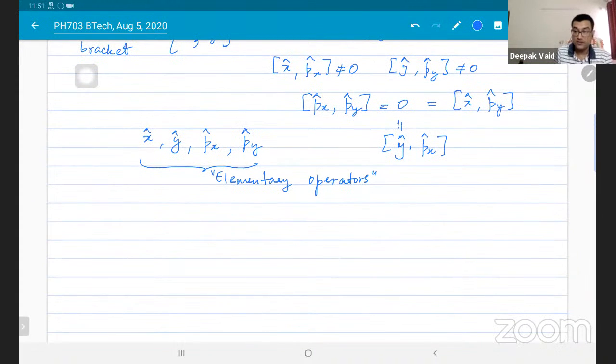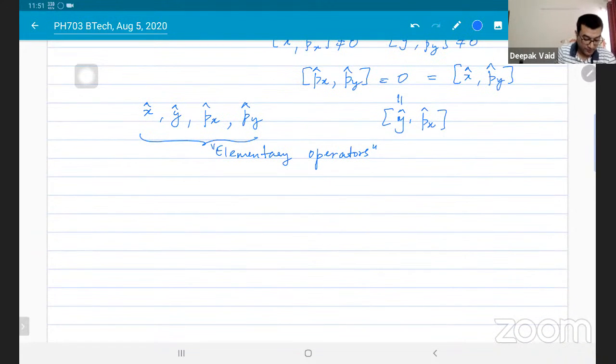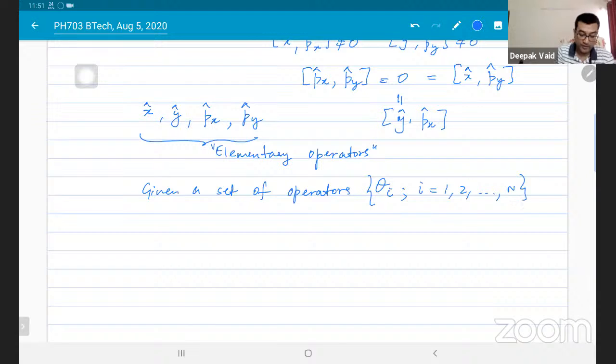Now, given some set of operators, let's say O_i, where i goes from 1 to some value n.